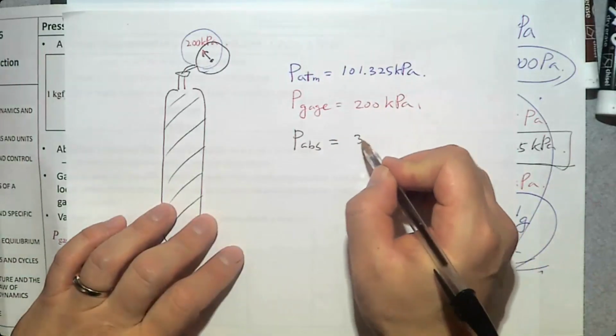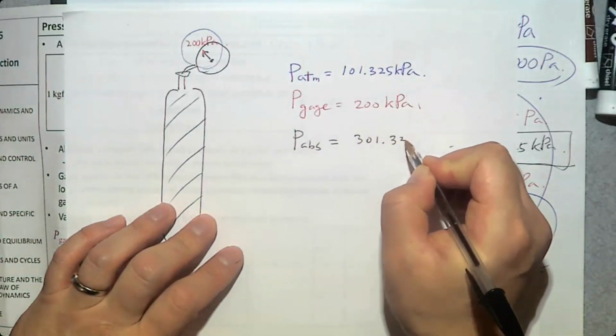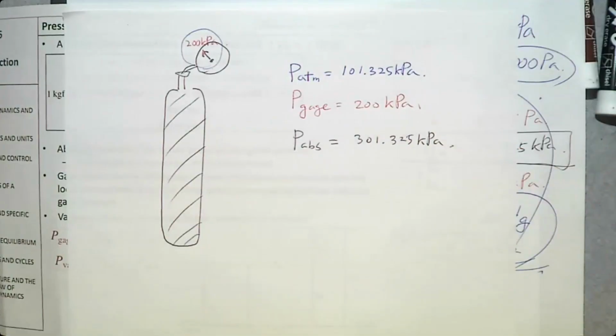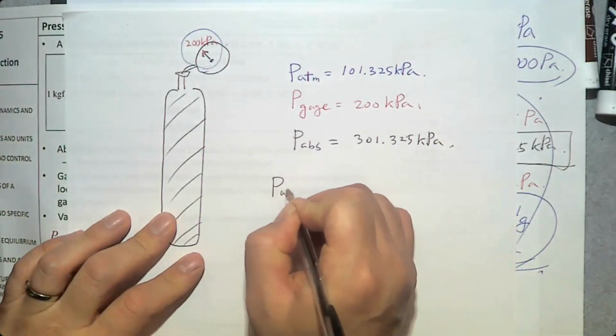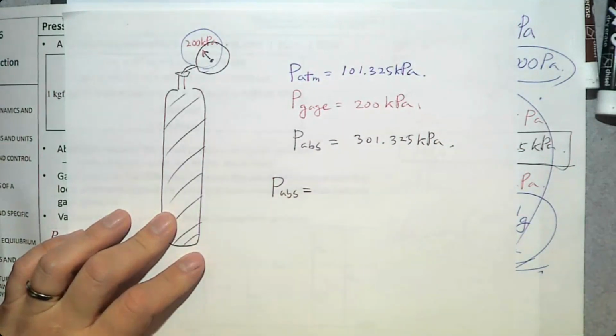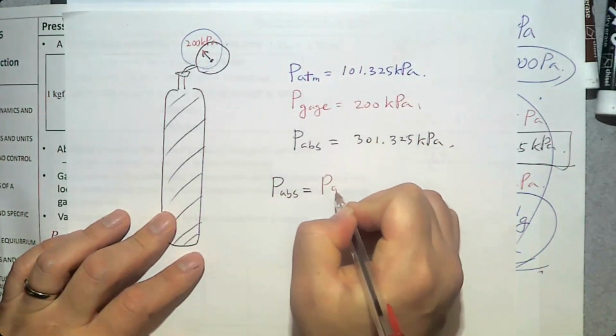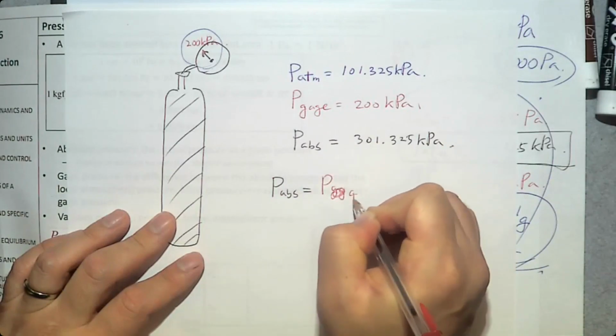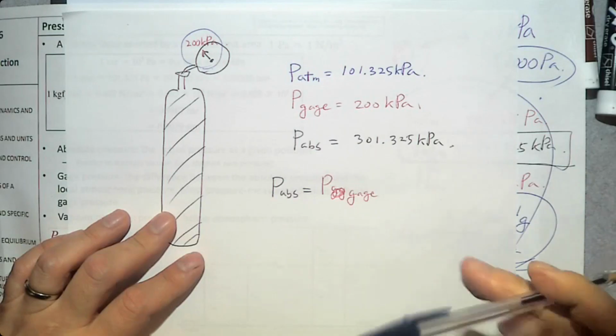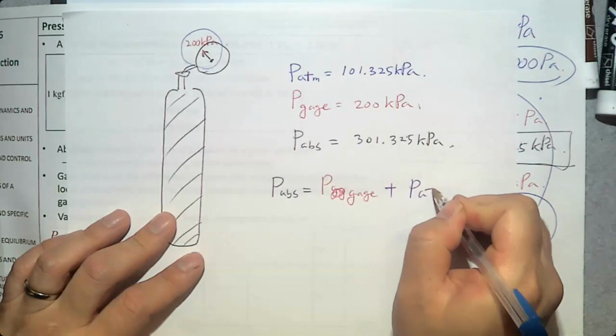That's 301.325 kilopascal. So this one is absolute pressure, the actual pressure. Gauge pressure is the difference between absolute pressure and atmospheric pressure, and atmospheric pressure is the outside. So absolute pressure P_abs is gauge pressure P_gauge plus P_atm.